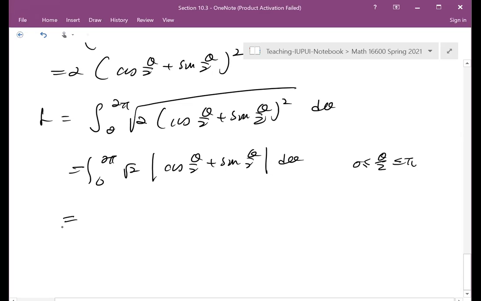So that's why it's better to divide it into several parts. I just want to know when this becomes negative, so I can remove the absolute value symbol when it is not negative.